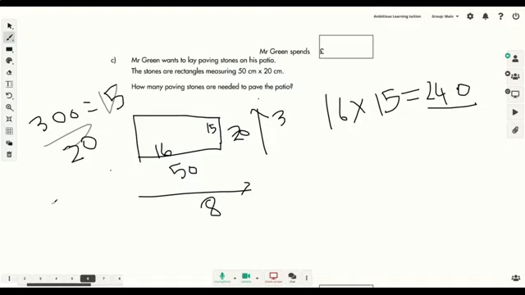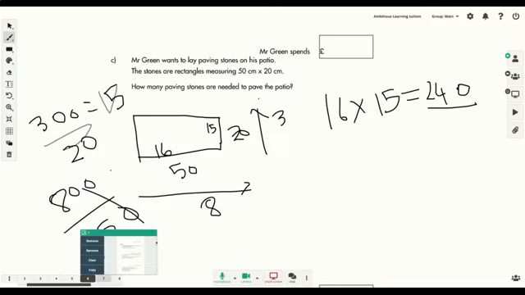And then I divided 800 by 50. Take the 0 out, and that gives me 16.